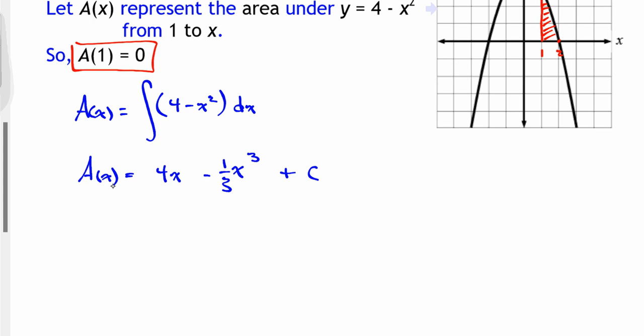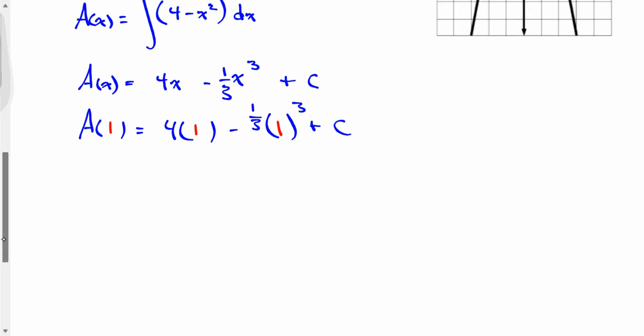But I know that when x is 1, my area is 0. So I have 4 minus 1/3 plus c. 4 is 12/3 minus 1/3, 11/3.